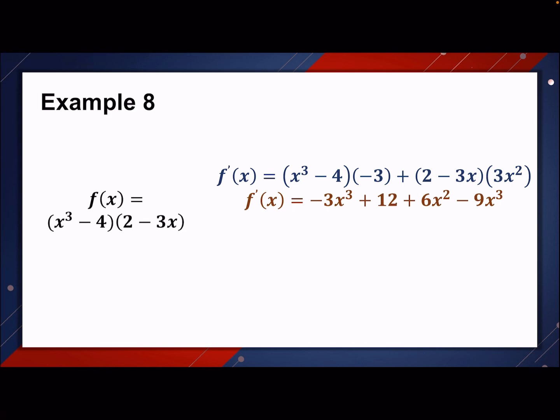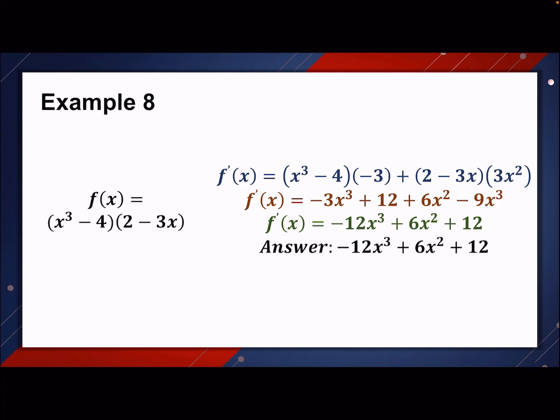We can simplify this function and get negative 3x cubed plus 12 plus 6x squared minus 9x cubed. And it's equal to negative 12x cubed plus 6x squared plus 12. So the answer is negative 12x cubed plus 6x squared plus 12.